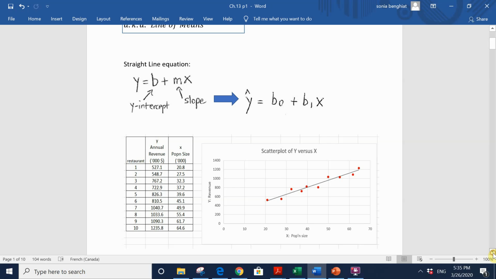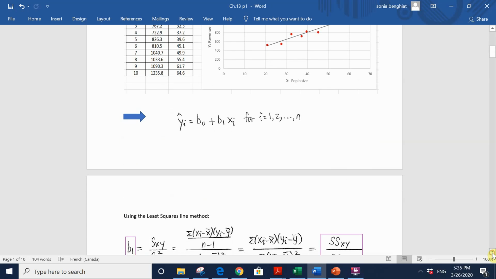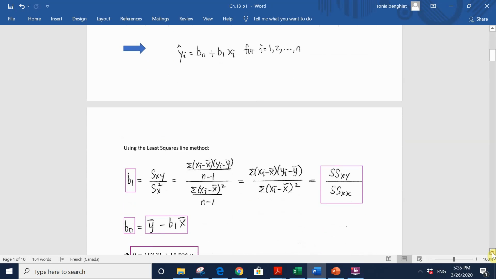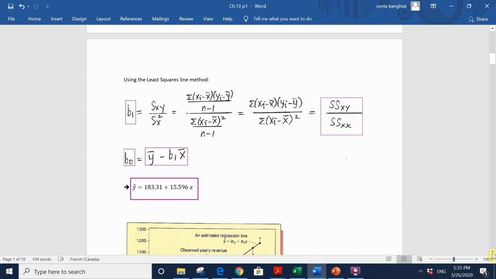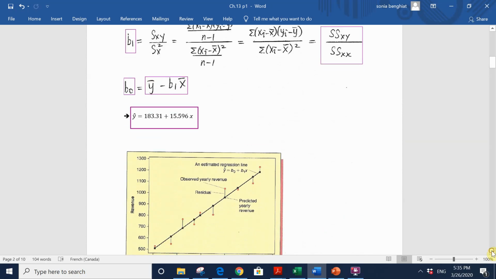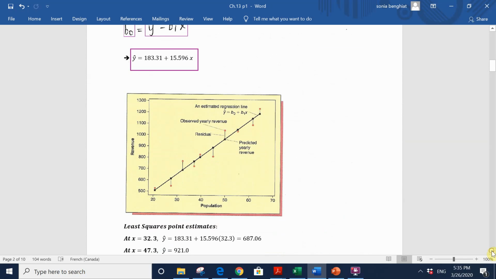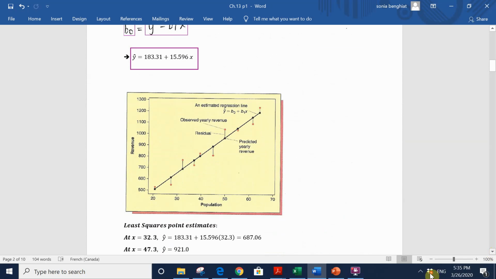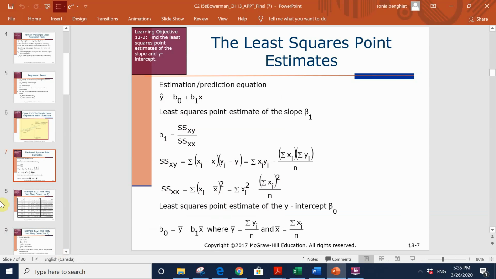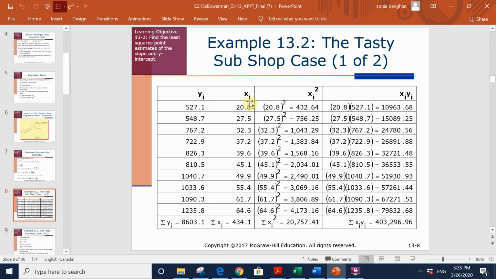And so, if I were to test out my estimated line of means, and use an actual x value from our data, this data set right here is exactly the same one that I have in my document.